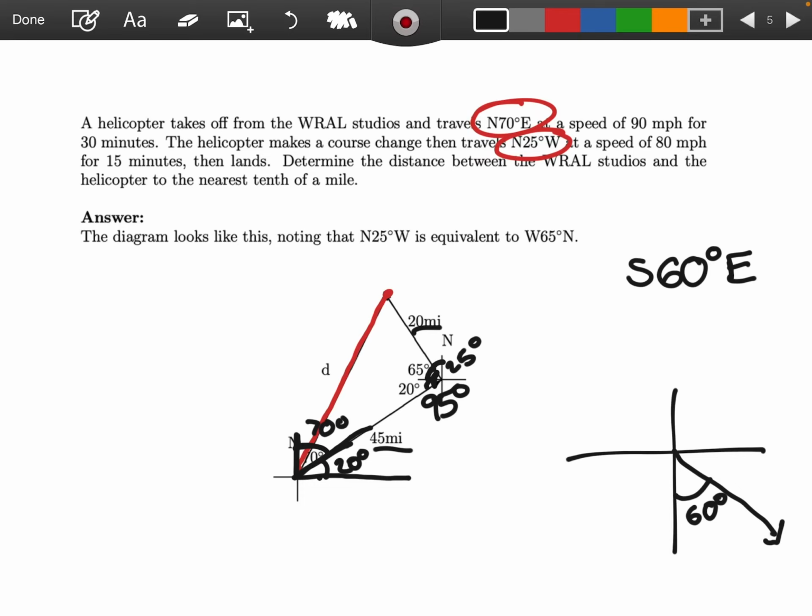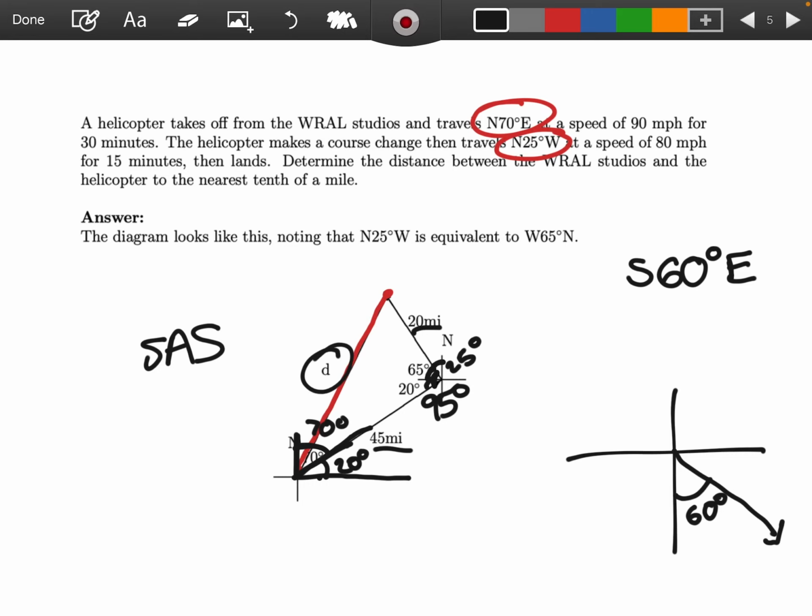So I now have one angle in my triangle, and I have two sides of my triangle that lie either side of the angle. So the angle is in the middle of the two sides. So I know I can go ahead and use the law of cosines because I have a side angle side triangle.